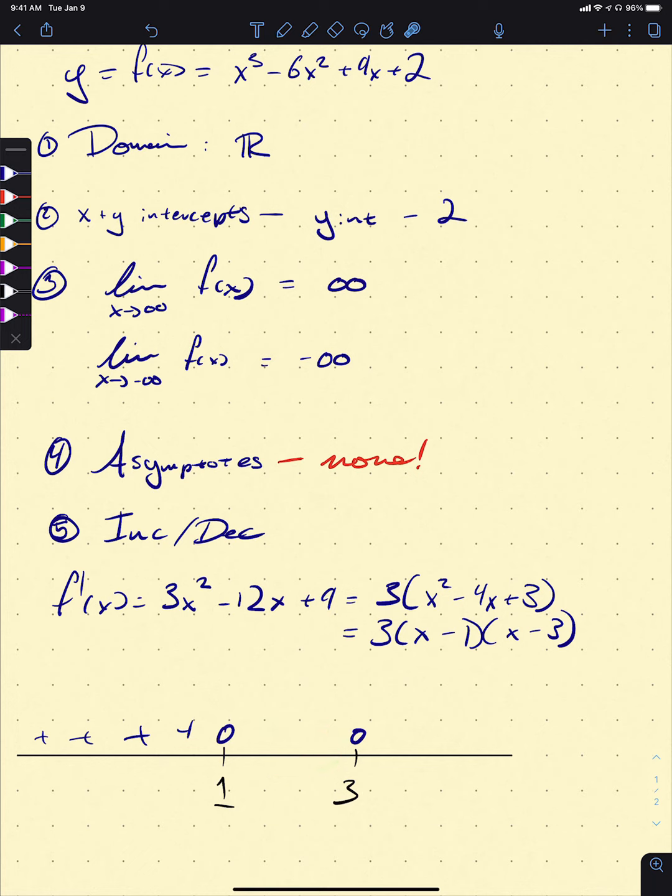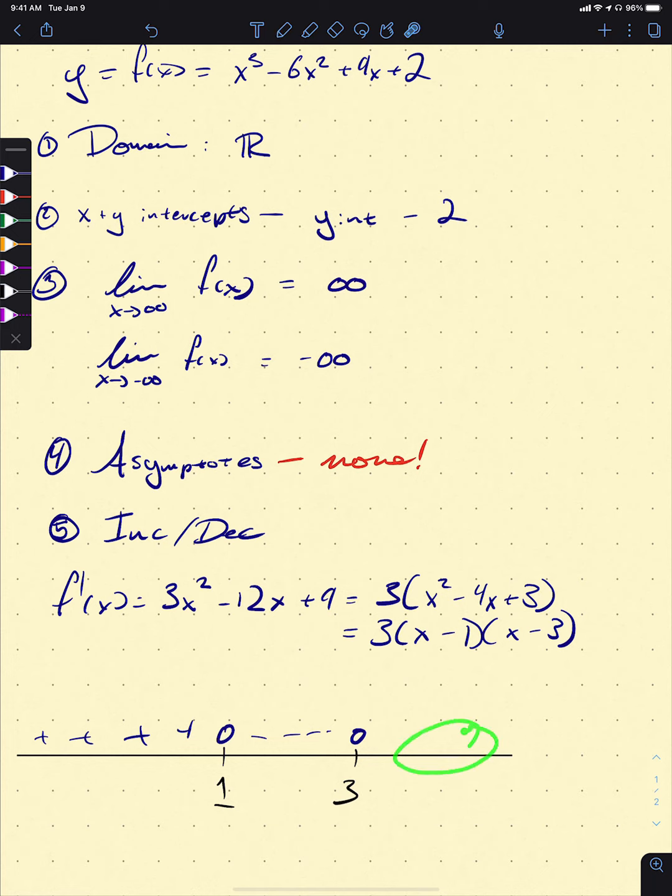If I were doing this, it might be best to write these calculations down, but I'm right at the bottom of the page, so why don't we just talk through them instead? So if we pick 2, 2 minus 1 is 1, and 2 minus 3 is minus 1, so we get 3 times 1 times minus 1, or a negative 3, for being negative there.